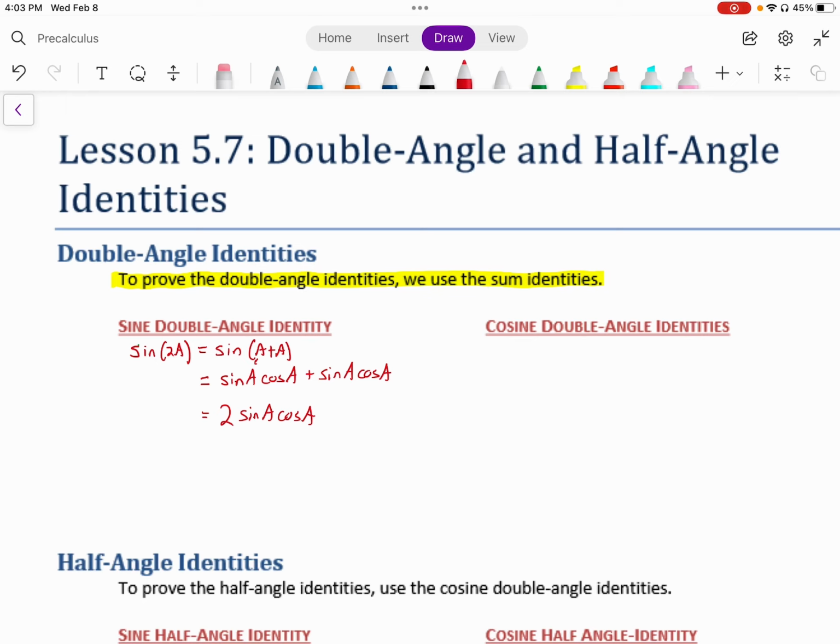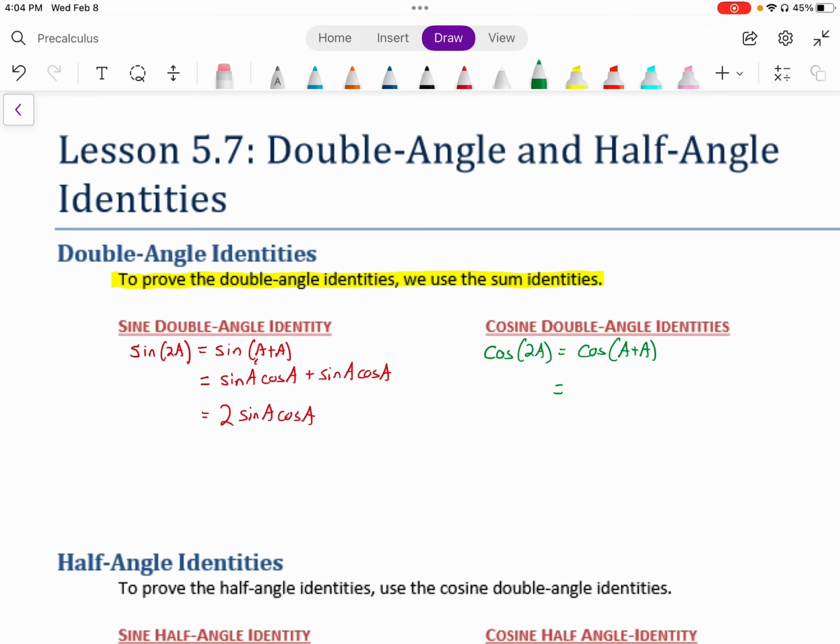Then we're going to look at the cosine double angle identity, and that actually has a few different forms, but we're going to start with cosine of 2a. So let's do the same idea. Cosine of 2a is just cosine of a plus a. And now we're going to use the cosine sum identity.